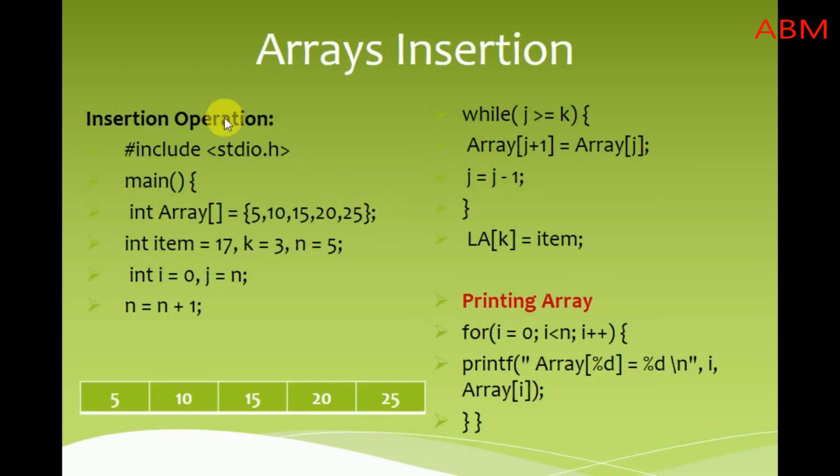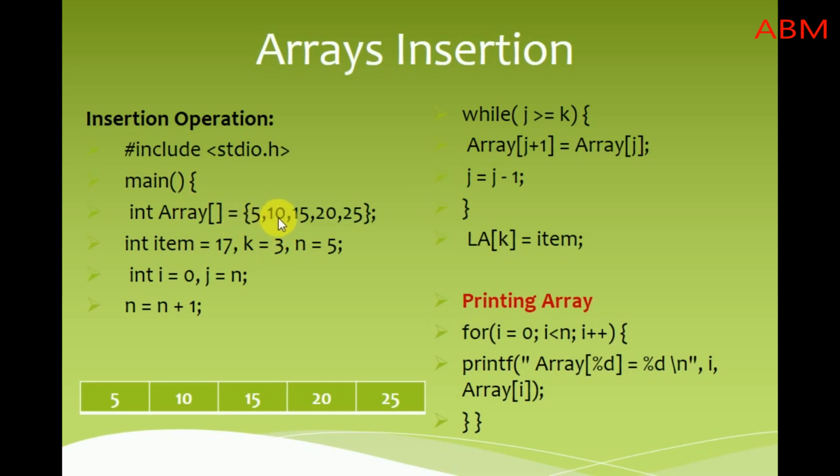Let's check the program. This is a program written in C, include stdio.h. After that I am running the main function, and in the main function I am initializing the same array with the name array, and you can change the name of the array. I gave this name for ease.